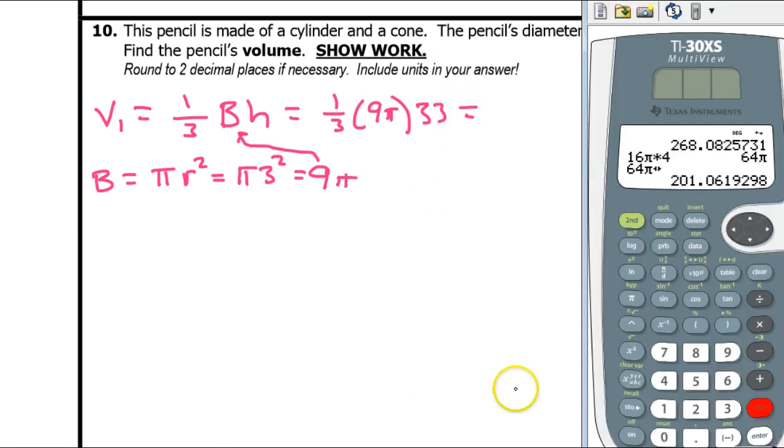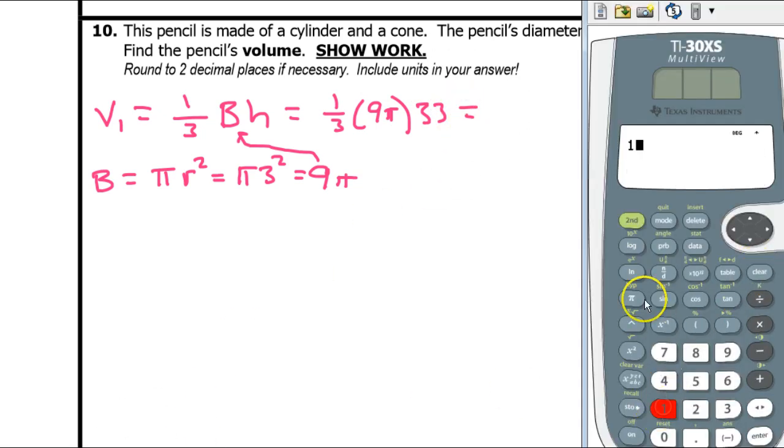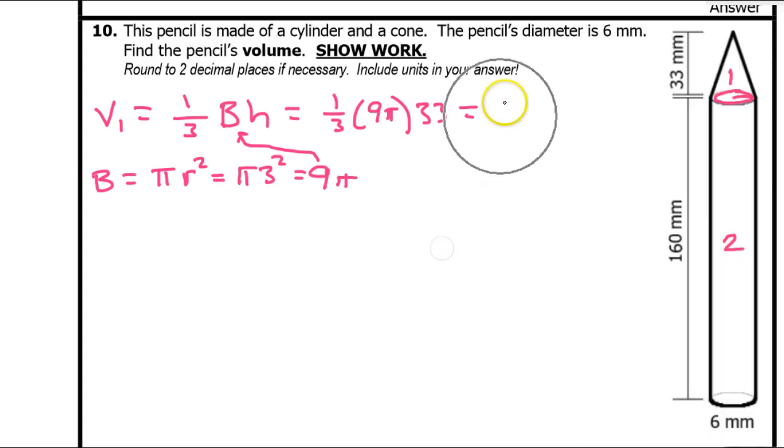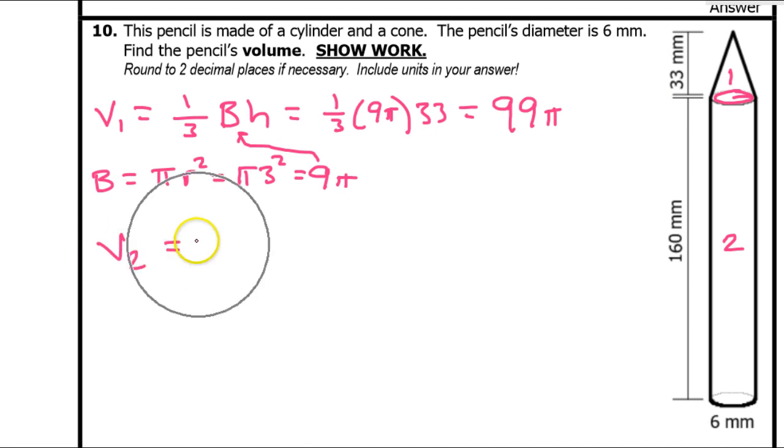Okay, let's see what that gives you. So 1/3 9 pi times 33. That's 99 pi. So volume 1 is 99 pi cubic millimeters. So now let's find volume 2.